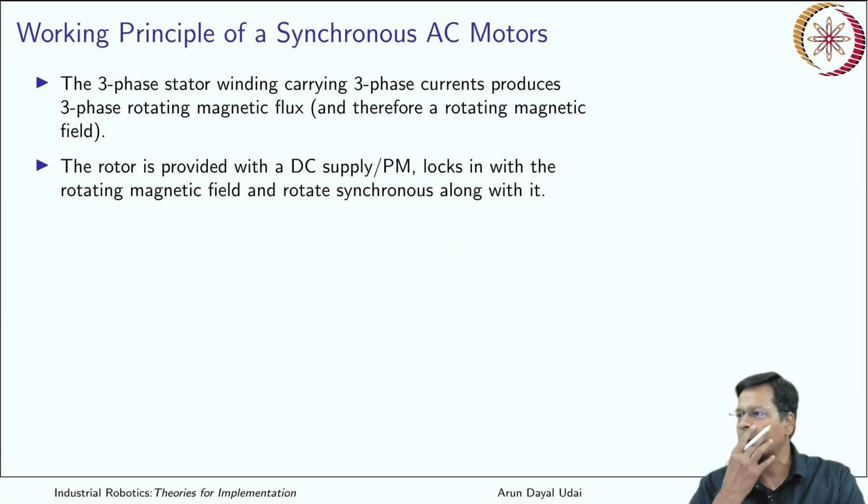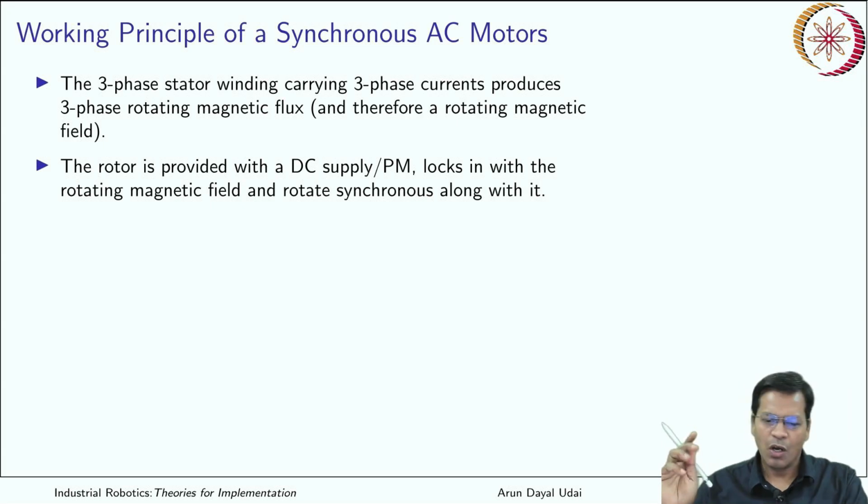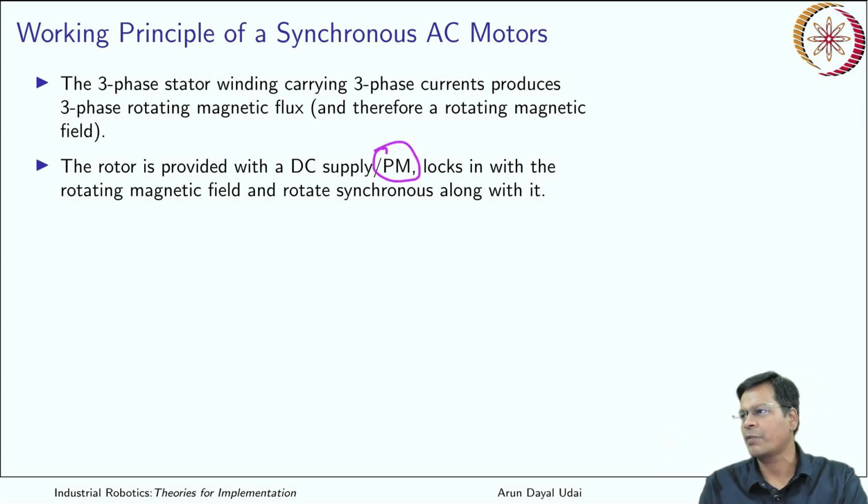This is the principle which remains here also. The rotor is provided with a DC supply, that is a kind of magnet which doesn't change its polarity, or it can just be a permanent magnet, which locks in with the rotating magnetic field and rotates synchronously along with it.